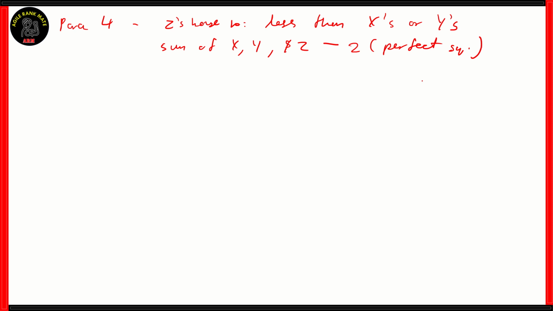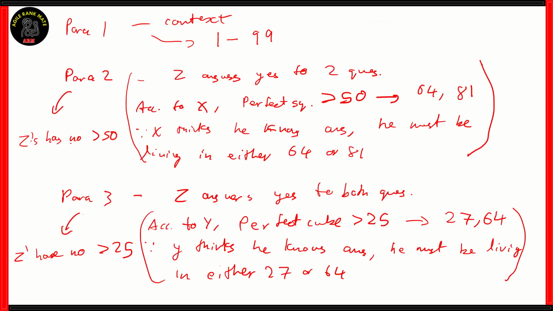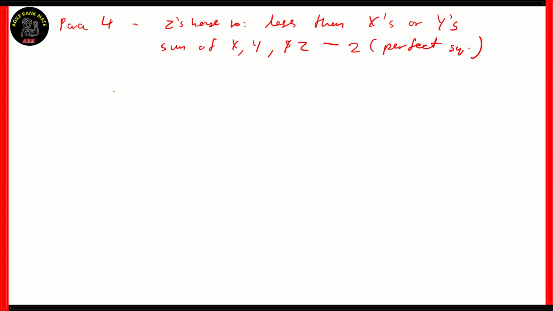Now let's look at some of the deductions from all the paragraphs. In paragraph 2, it says Z's house number is greater than 50. And in paragraph 3, it says Z's house number is greater than 25. Both of these statements are correct, because if a house number is greater than 50, then it has to be greater than 25.